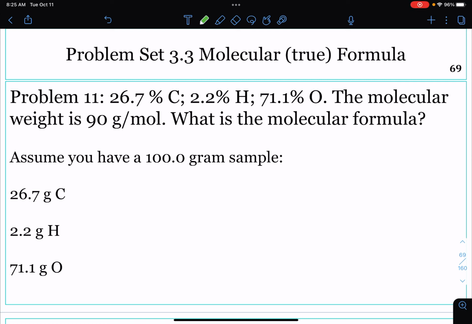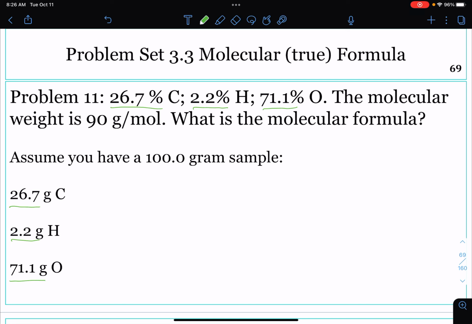This is problem 11 on the problem set 3.3. First, we need to find the empirical formula. If we assume we have a 100-gram sample, then from 26.7% carbon, we'd have 26.7 grams of carbon. 2.2% hydrogen becomes 2.2 grams of hydrogen, and 71.1% oxygen becomes 71.1 grams of oxygen.